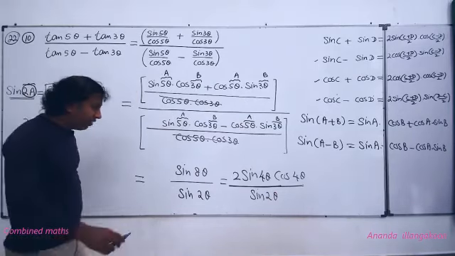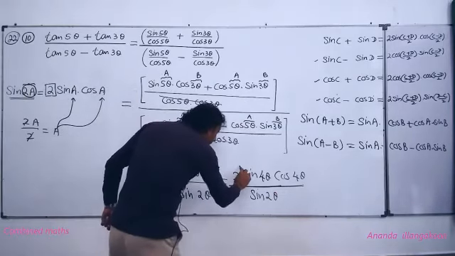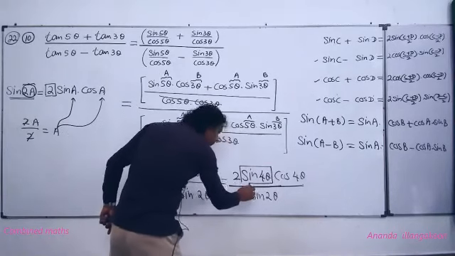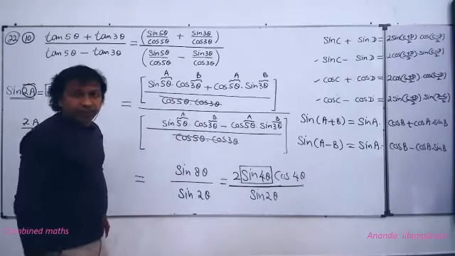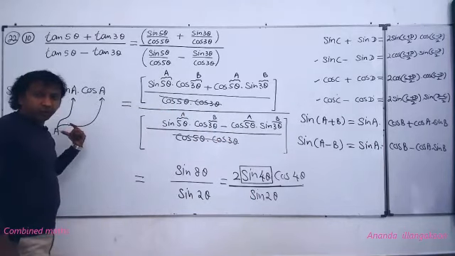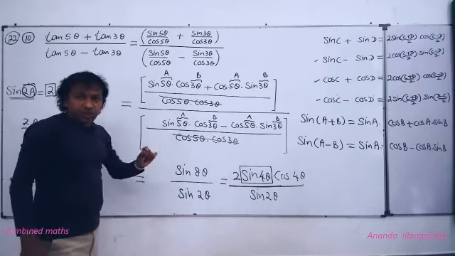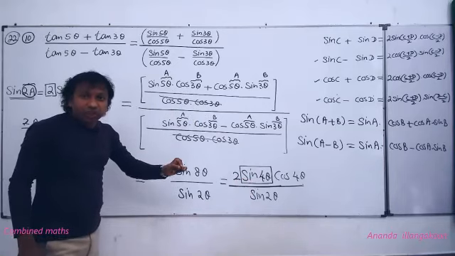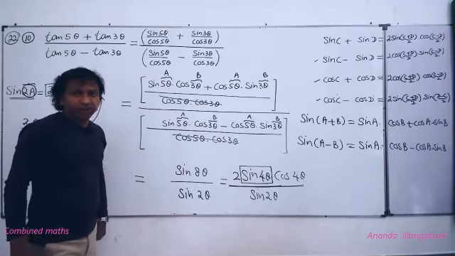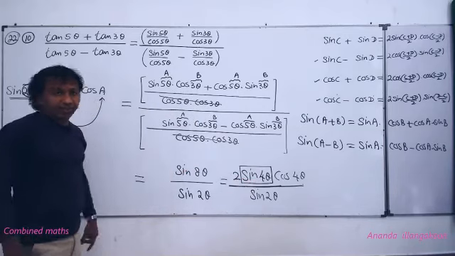Now consider this sin 4 theta again. Then with repeated application of the same formula sin 2A, how do we write sin 4 theta? 2 sin 2 theta cos 2 theta, no? Apply that there and simplify, you get this answer.